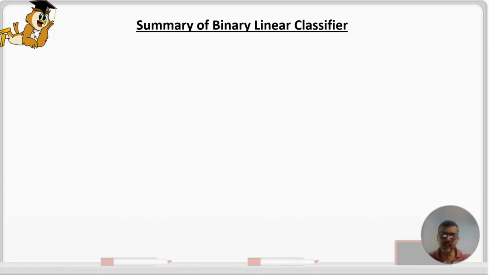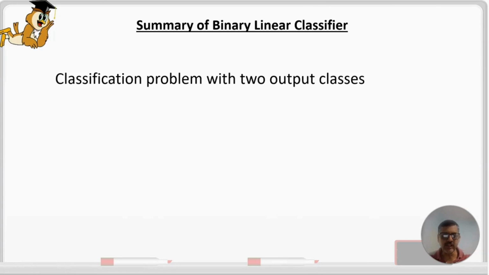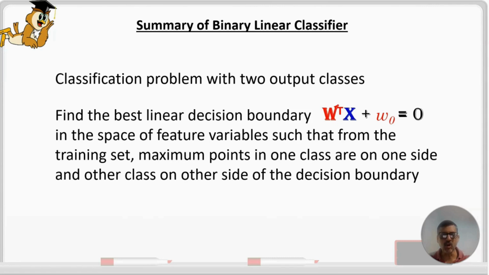Okay, before we get there, a quick summary of the binary linear classifier. The binary linear classifier is basically a special case of the classification problem with just two output classes. And the problem involves finding the best linear decision boundary, indicated in vector notation here, in the space of feature variables such that from the training set, maximum points in one class are on one side and points from the other class are on the other side of this decision boundary, right?